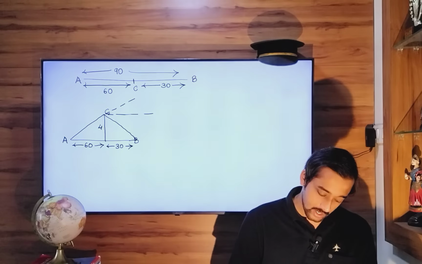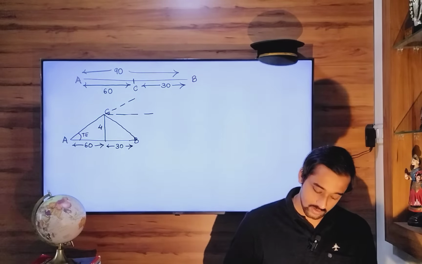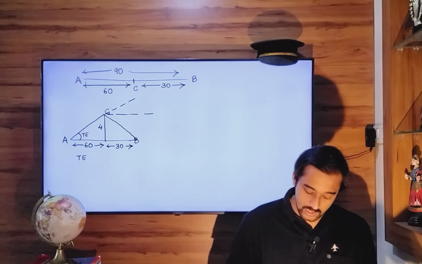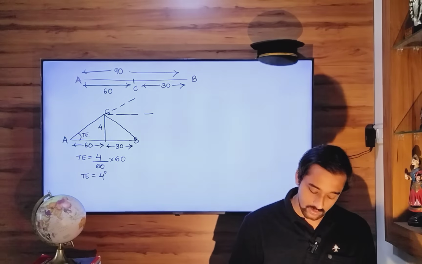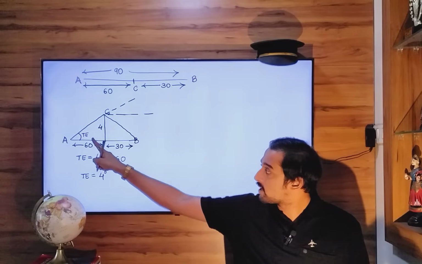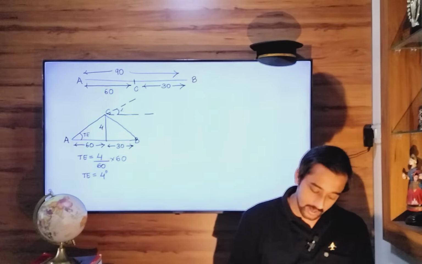This is your track error angle. Track error angle is distance off track, which is 4, over distance gone, which is 60, into 60. So track error angle is 4 degrees. Next, if this is 4 degrees, this will also be 4 degrees, which is your corresponding angle.